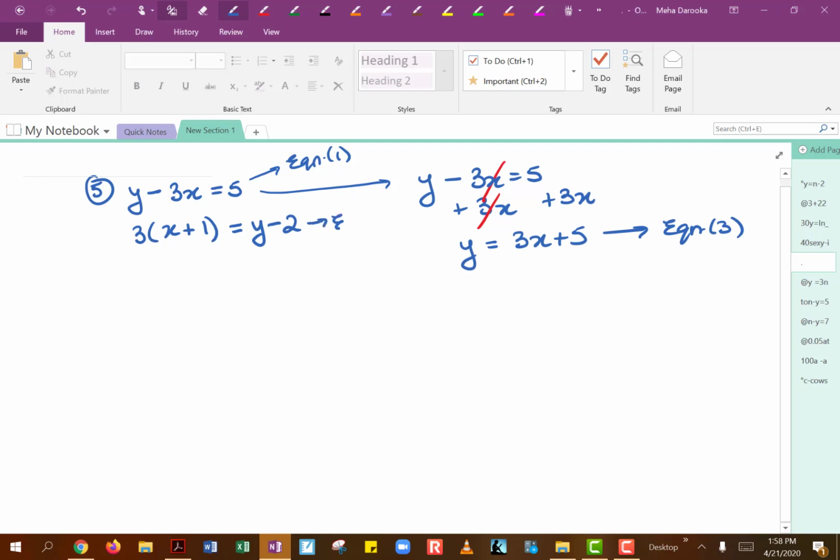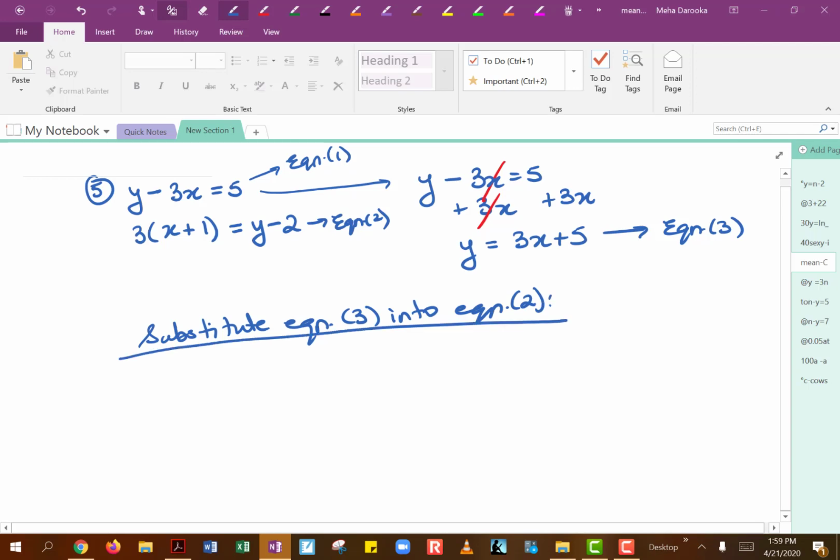So again, we are going to be substituting equation 3 into equation 2. So my equation 2 is 3 times x plus 1 equals, instead of y, minus 2.